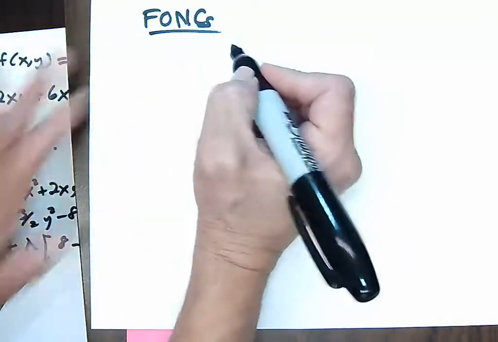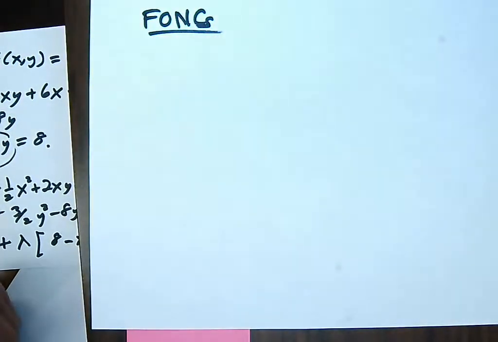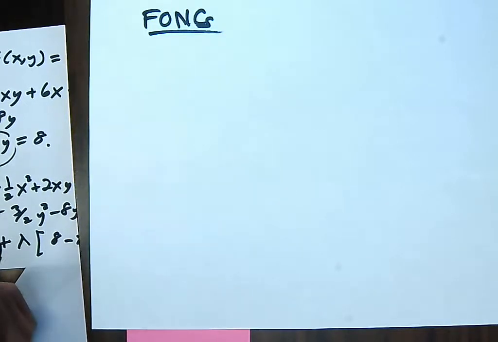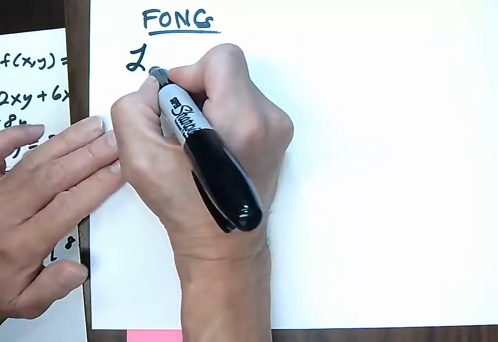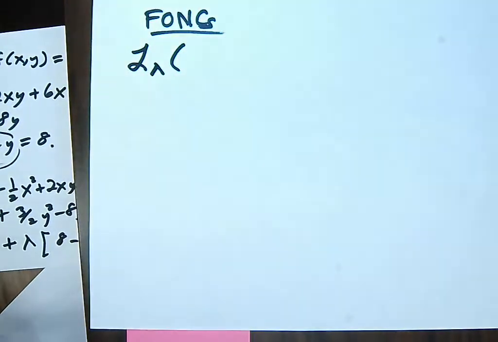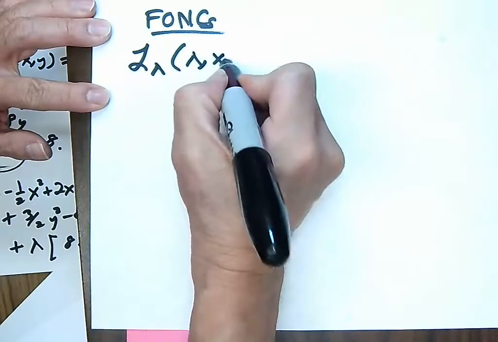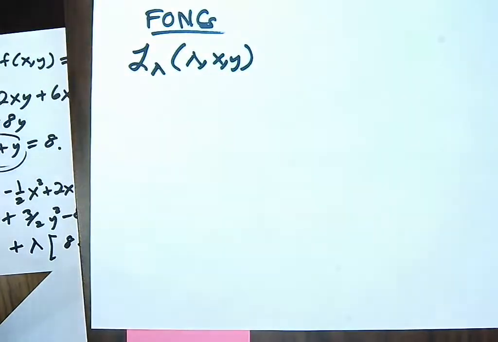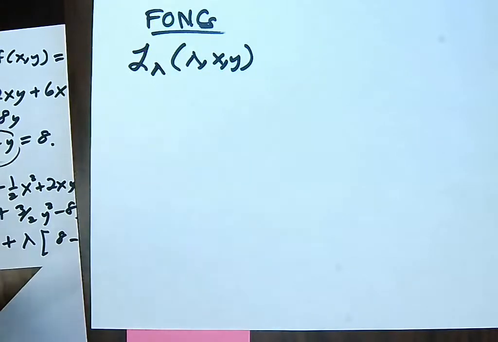And here's what they're going to look like. We need to take all the first order partials of our Lagrangian with respect to our choice variables lambda, x, and y, and set them all to 0, just like we did in chapter 11. So we take the partial of the Lagrangian, first with respect to lambda, and to be complete here, that partial derivative is going to be a function of lambda, x, and y, the same variables, and in the same order that they appeared in the Lagrangian.